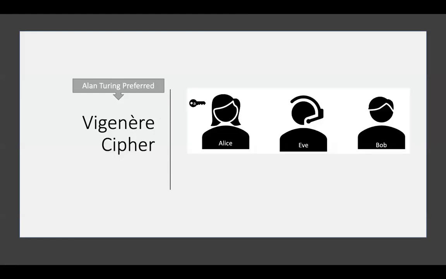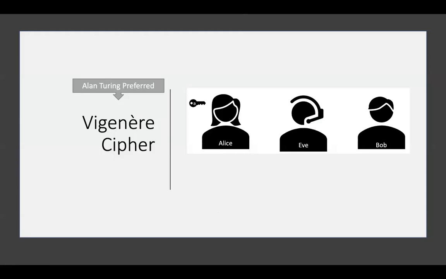I am going to use one example to introduce and crack a Vigenère cipher. You could perhaps see what the Vigenère cipher is doing by looking at this example. I'm going to introduce back our 3 virtual characters, Alice, Eve, and Bob.